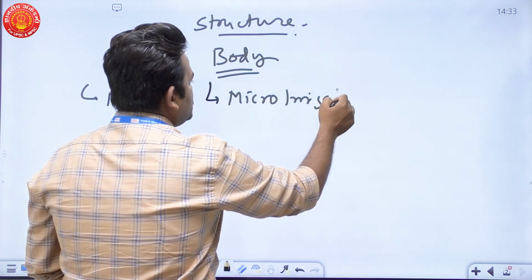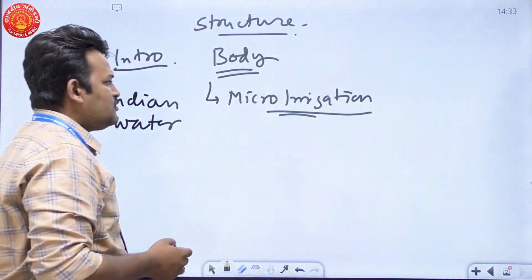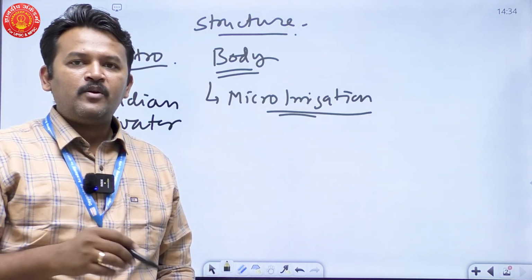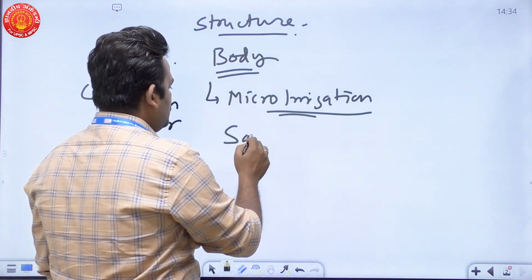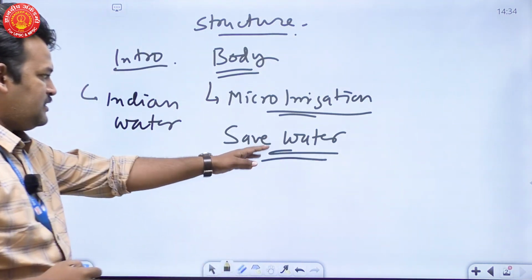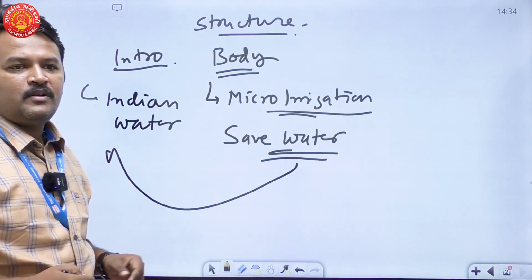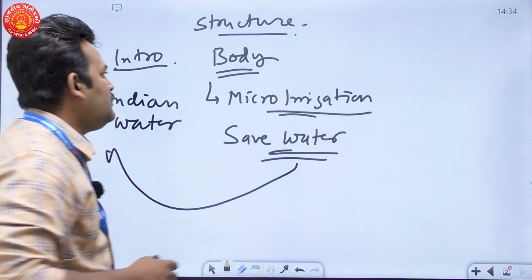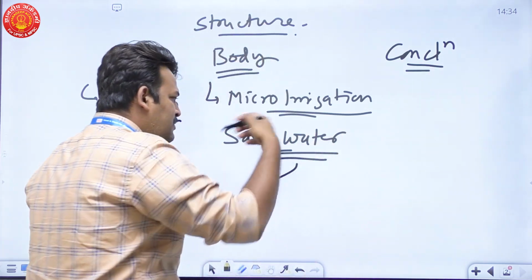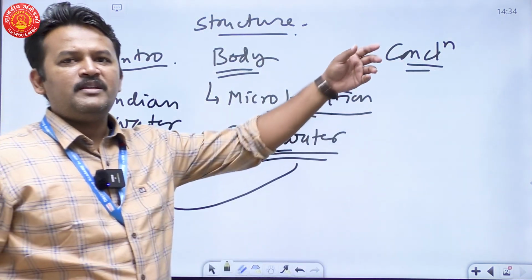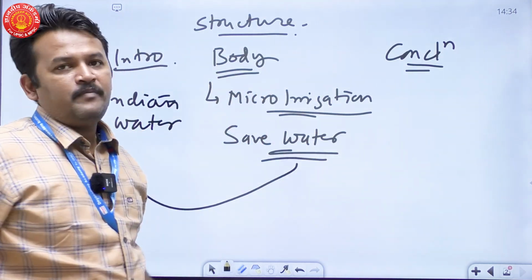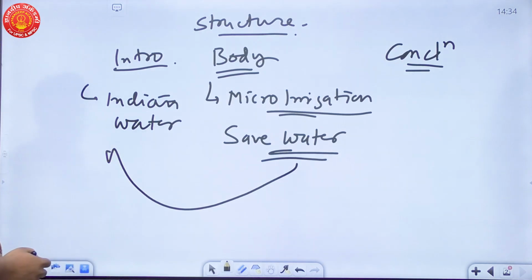It is not expected that we write only about micro irrigation, but about how micro irrigation will save water, and how this saving of water will ultimately affect the water situation in India. Towards the conclusion, you can write one, or it is not necessary to write any conclusion. So we can focus on these two aspects of the structure.